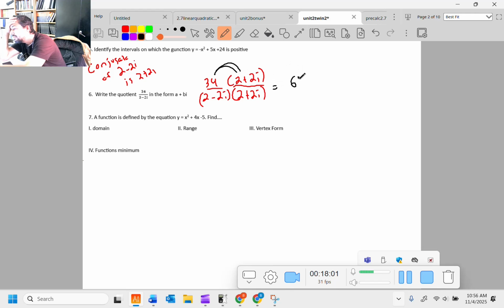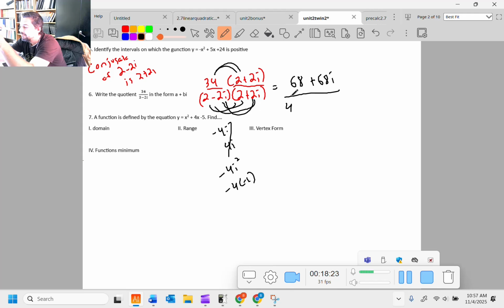34 times 2 is 68. 34 times 2i is 68i. Now, down low, 2 times 2 is 4. A -2i times 2 is a -4i. 2i times +2 is 4i. They cancel. A -2i times a +2i is a -4i squared. Remember that i squared is -1.